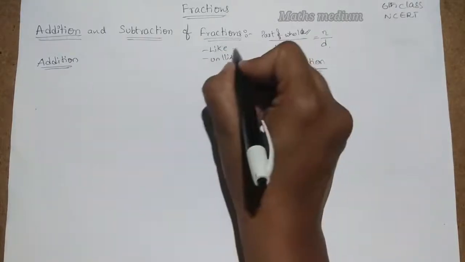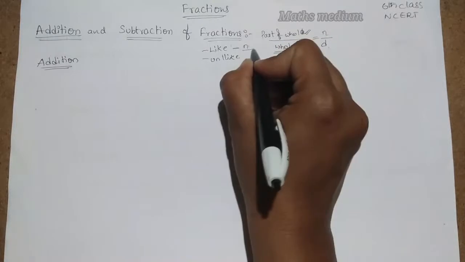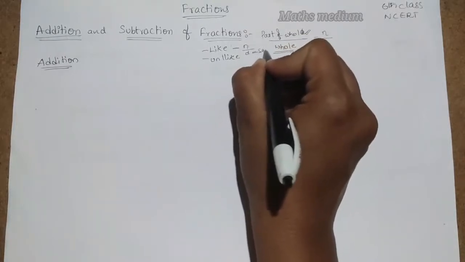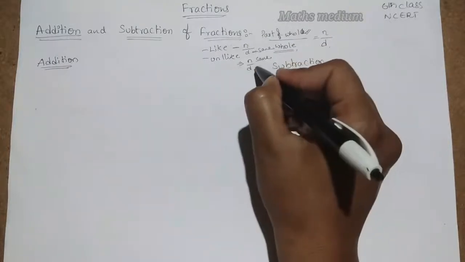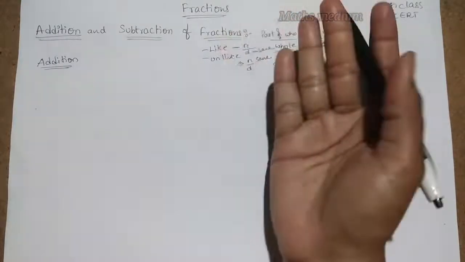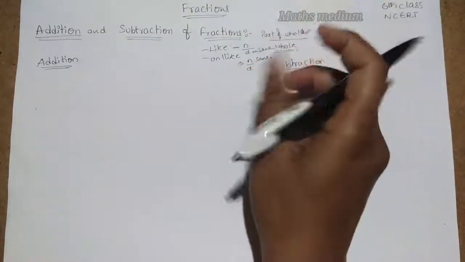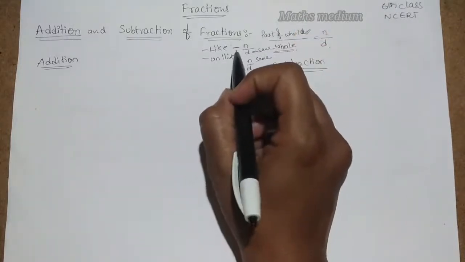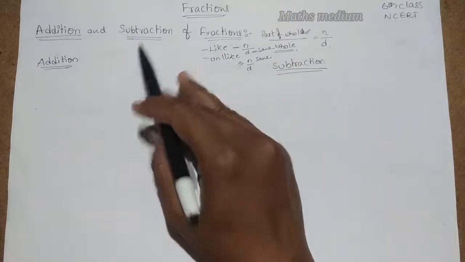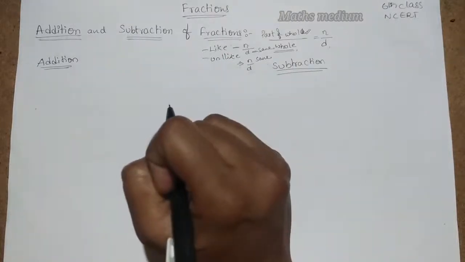Like fractions have the same denominator, but in unlike fractions the numerators and denominators differ from one another, so they are unlike to each other. That's why they are called unlike fractions. In a previous video I already explained the types of fractions. Check the description box for that link also.